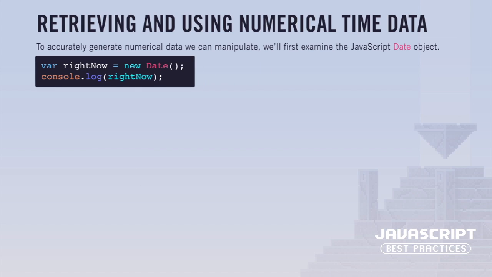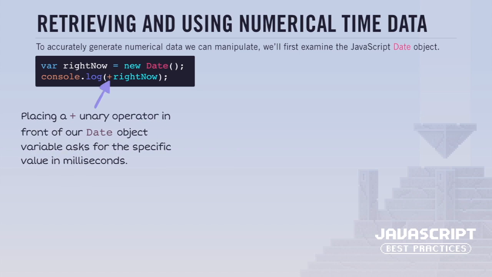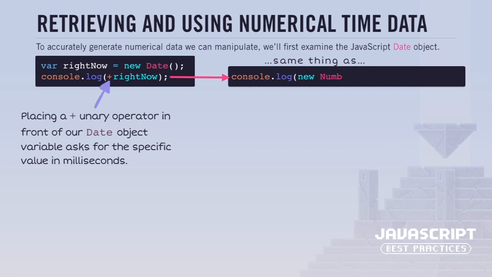Now a cool thing about numerical date data is that if we put a unary plus operator in front of our date object variable, it's going to ask it for the specific value in milliseconds. That means that this line of console.log is the same exact thing as declaring a new number object on the date variable.